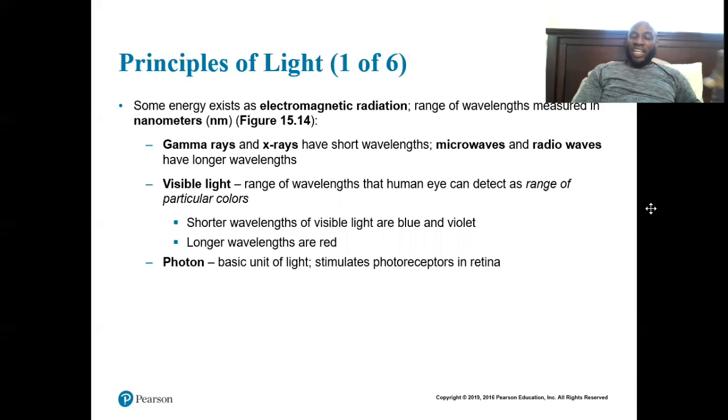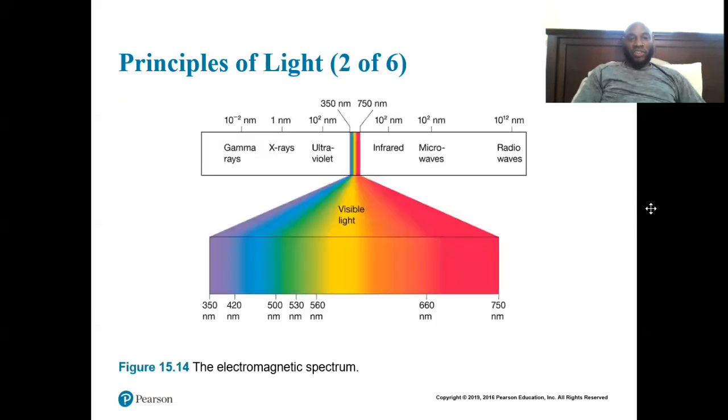The basic unit of light is called a photon, and it stimulates photoreceptors in your retina. Those photoreceptors will then help start the process of transducing the light that you see into an electrical signal that can be transported to your brain, just like all the other special senses. Very similar. This is showing you the electromagnetic spectrum.